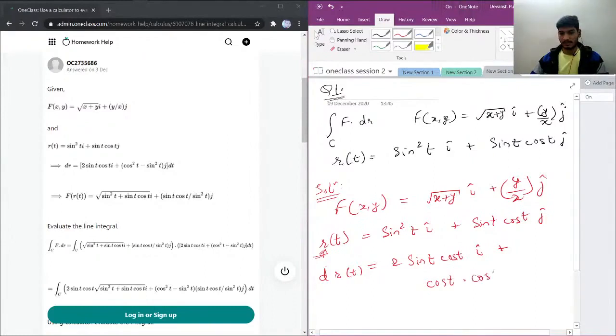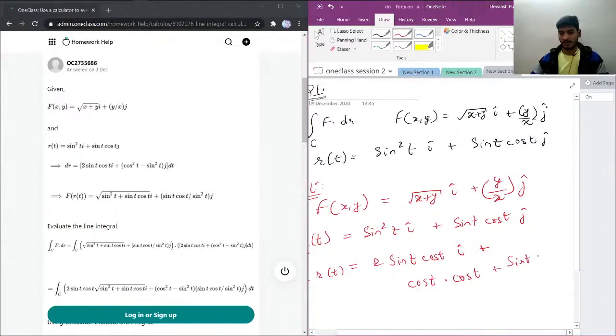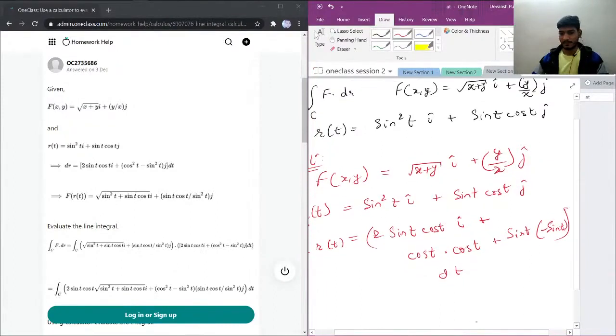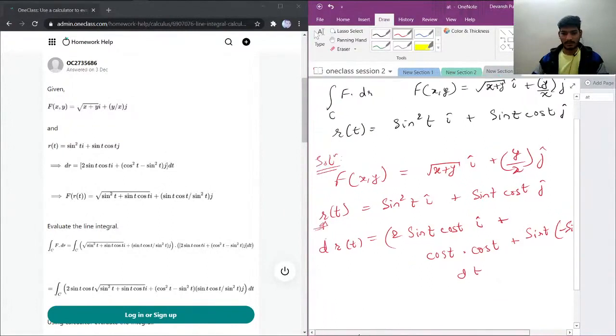times cosine t, and this will be plus, and then sine will be kept constant, and my cosine will be minus of sine, and this will be dt, whole multiplied by dt. So I'll just simplify this.